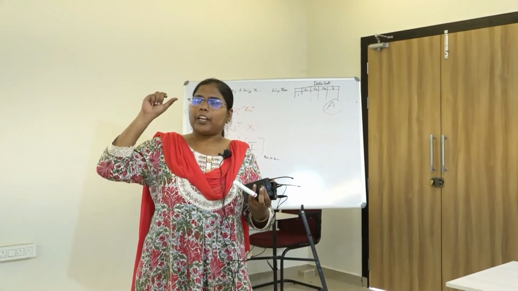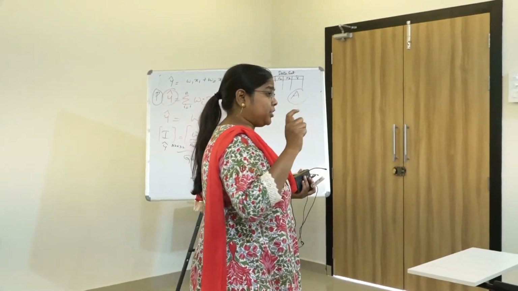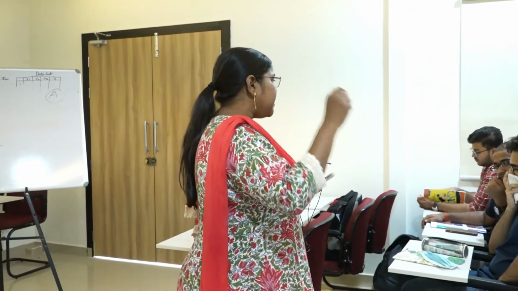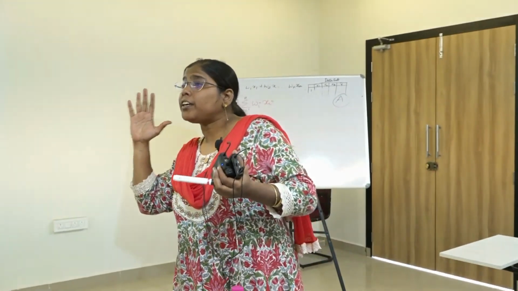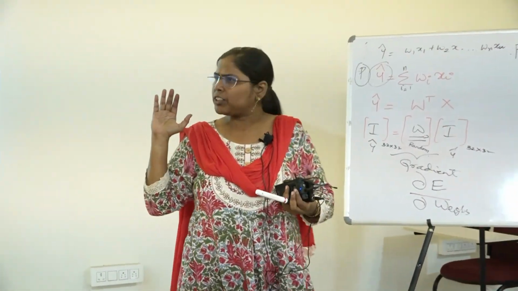There is very much importance in updating the weights. Normally, for a big scientist, if we want to give any program, the person will give the gradient descent program. Please remember how you are updating the weights.